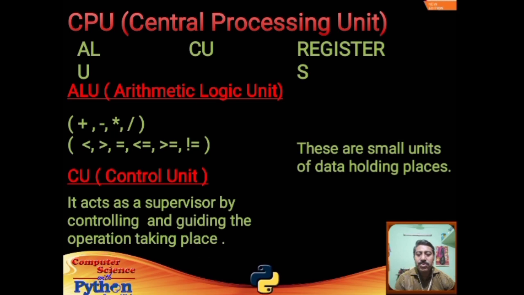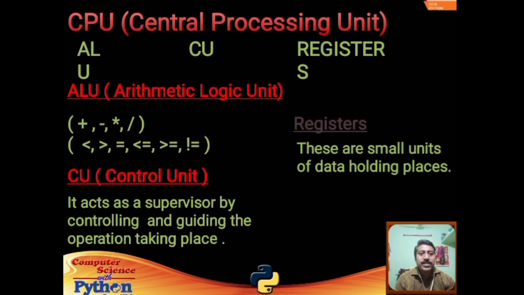The CU sends control signals until the required operations are done properly by ALU and memory. Another important function of the CU is program execution, that is carrying out all the instructions in the programs.